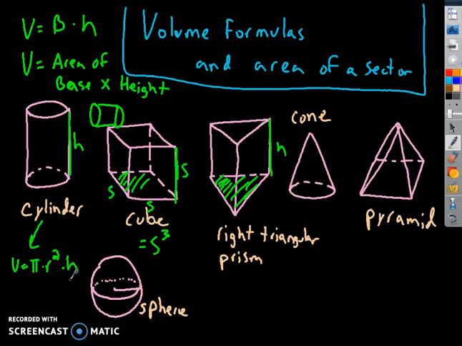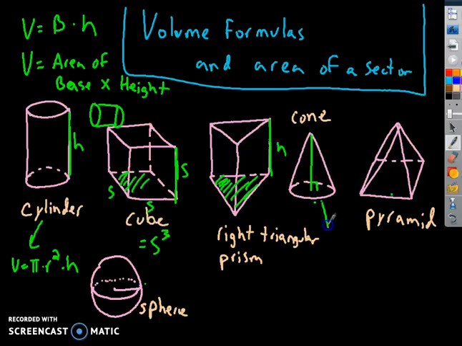These other three, the cone, the pyramid, and the sphere, are slightly different because the distribution isn't uniform from top to bottom. This is still your height there, that perpendicular segment, but because the distribution isn't uniform, we can't use this formula.